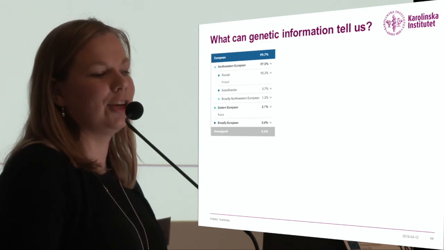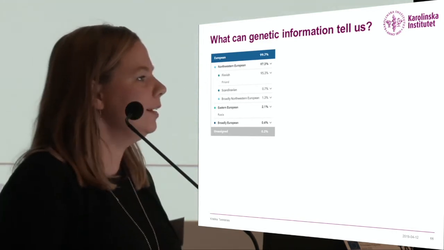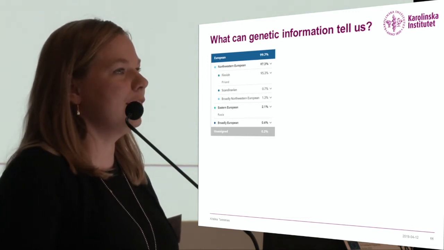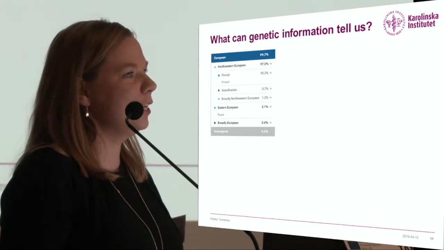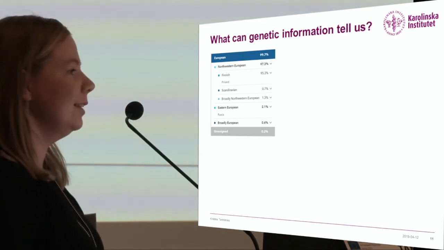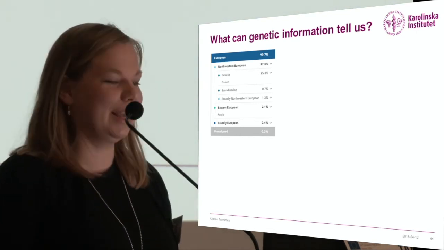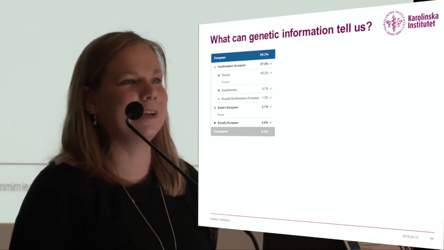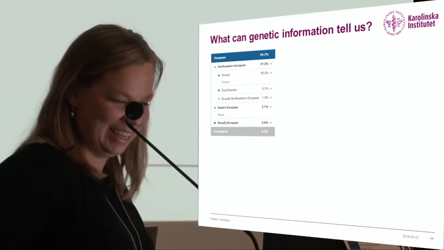So what can the genetic information tell us? We've been talking about how we are all unique. We can use it for different purposes. For instance, you can have a very good guess of your ancestry. In some cases it's maybe surprising. In some cases, like in me, not surprising at all. I'm 95% Finnish, which I am.